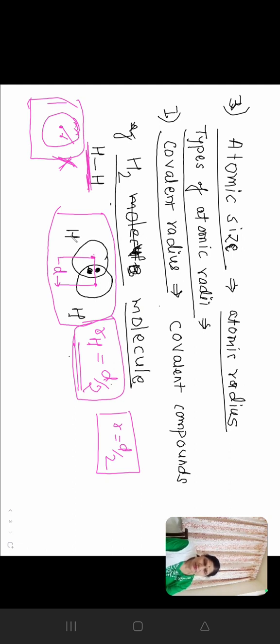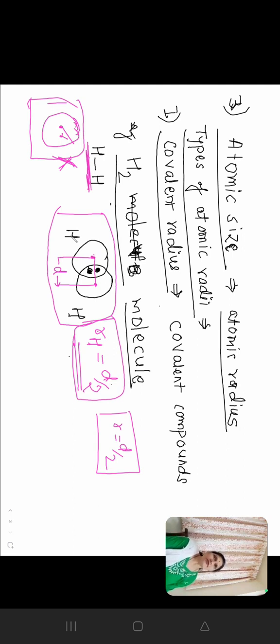Yes, that is the overlapping region. That means by sharing one electron each, a covalent bond is formed between two hydrogen atoms. And this is how the hydrogen molecule is formed.